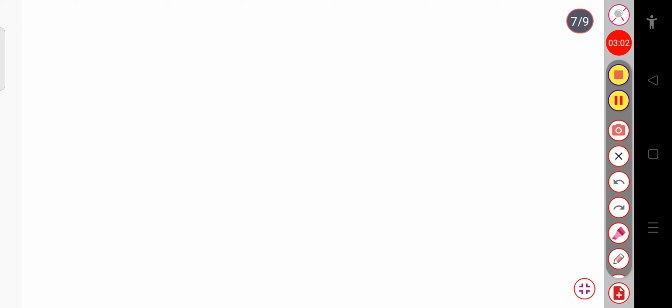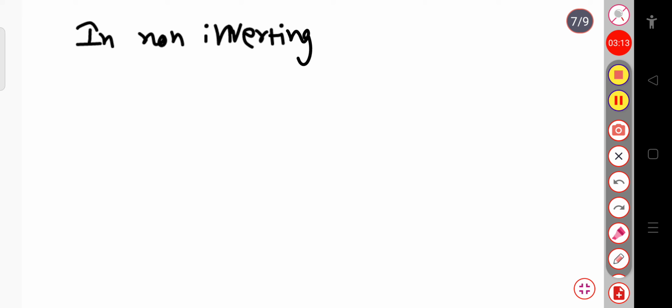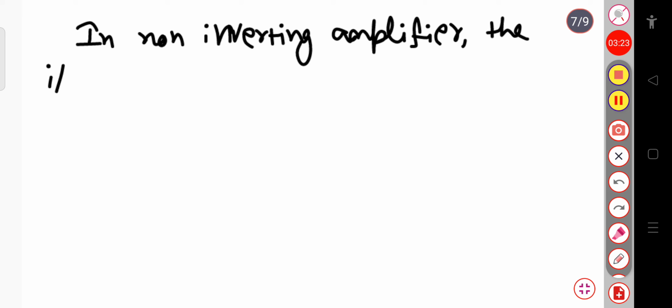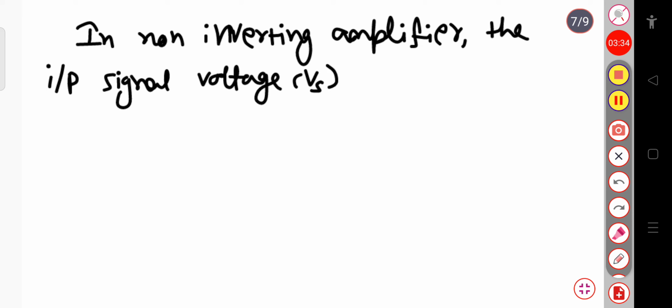In a non-inverting amplifier, the input signal voltage is denoted as Vs. So this input signal voltage Vs is applied to the non-inverting terminal.